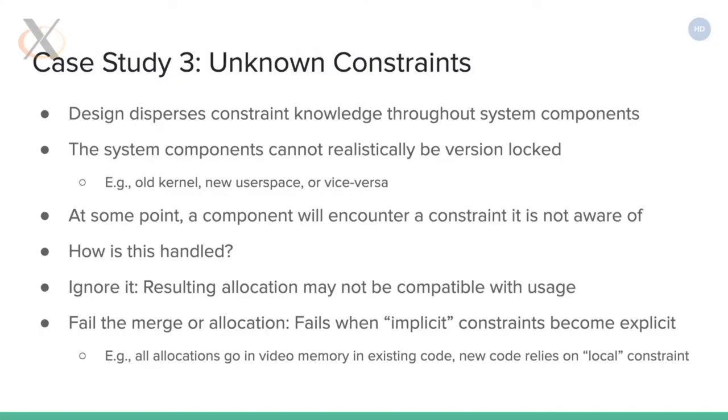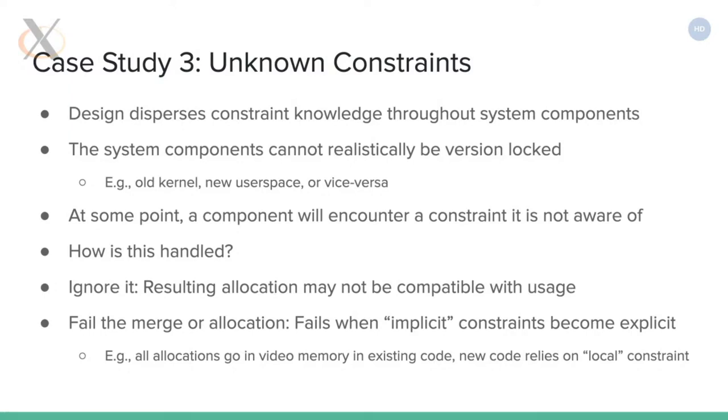But you might also have a mixture of Mesa drivers and proprietary drivers. You might have a mixture of old system compositors, like an old Wayland compositor, and a new application. Hopefully they're at least using the same version of the driver underneath, but they might not be. So at some point, you're going to have a component that will encounter a constraint that it's not aware of. And then the question is, what do you do then?